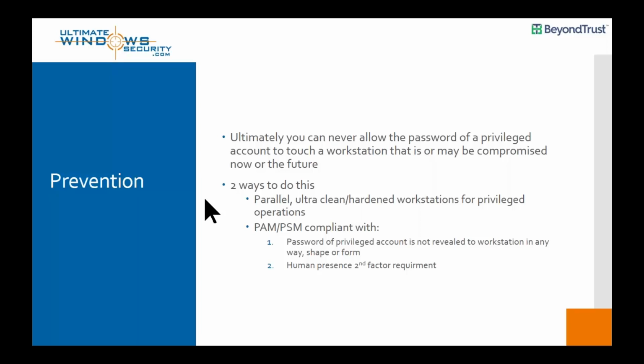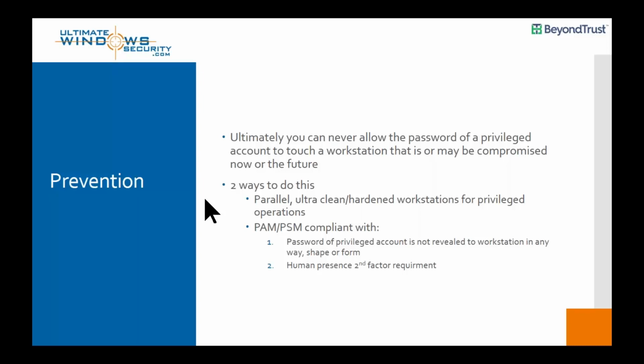And so there's two ways then to do this. One, everybody who does any kind of privileged work gets two workstations, two laptops. One of them is what they use for their end user activity, for browsing the web, really doing anything at all except for operations requiring admin authority.